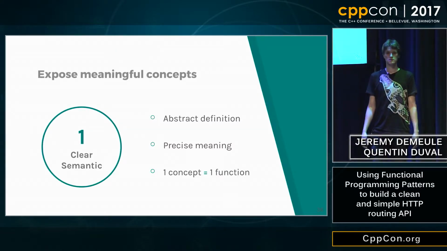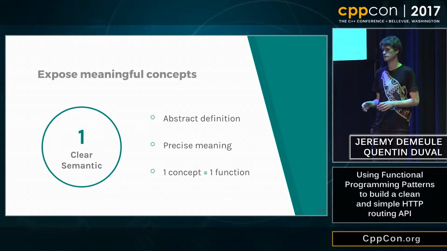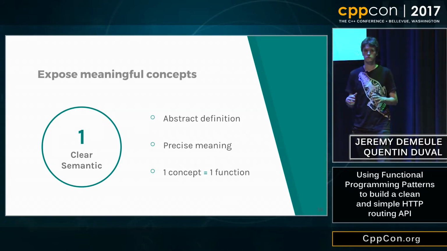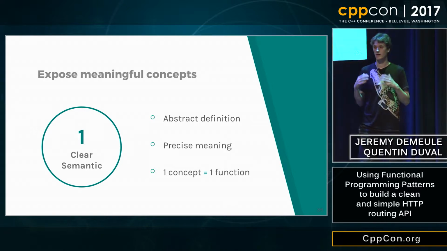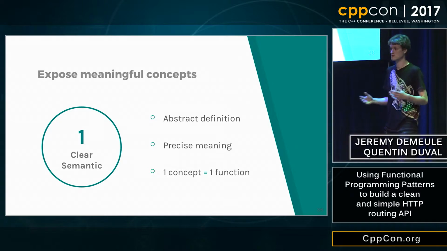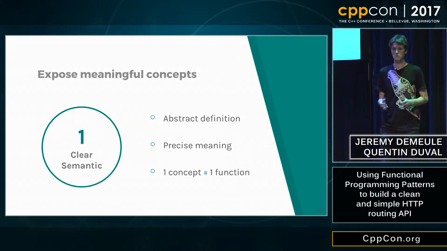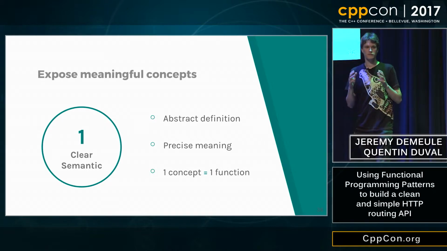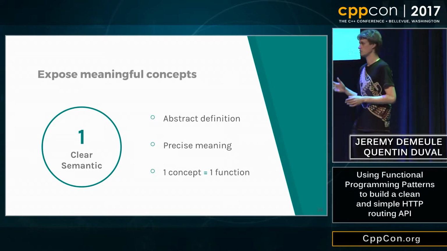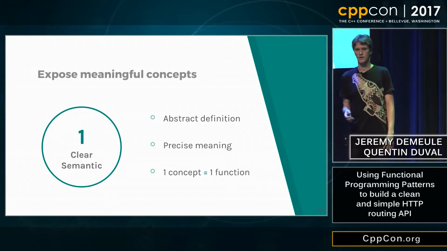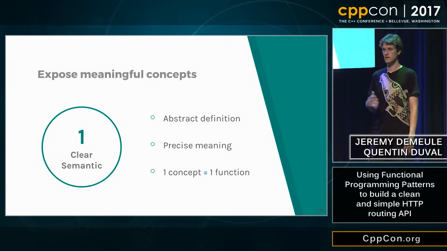The first idea is defining clear semantics. We really would like to avoid things like publishing a concept named REST controller, which, quite frankly, does not mean much. So, we will try really hard that every one of the concepts that we expose in our API has one abstract definition. And by abstract, we don't mean vague, we mean precise.